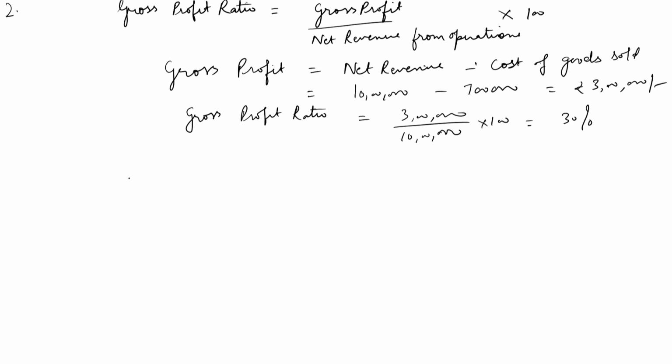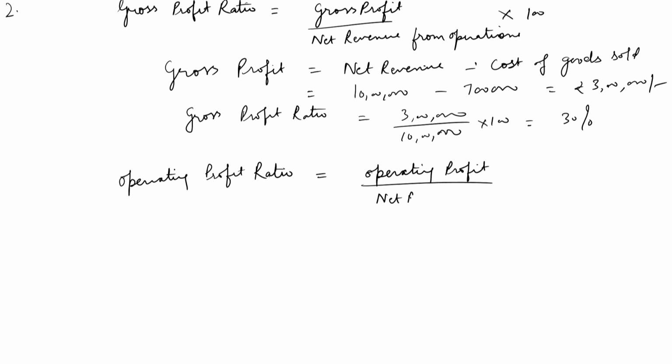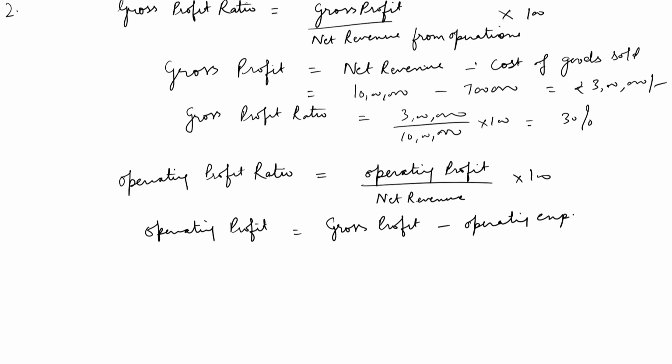Moving ahead to the operating profit ratio, which is equal to operating profit upon net revenue from operations. The computation of operating profit is gross profit minus operating expenses.